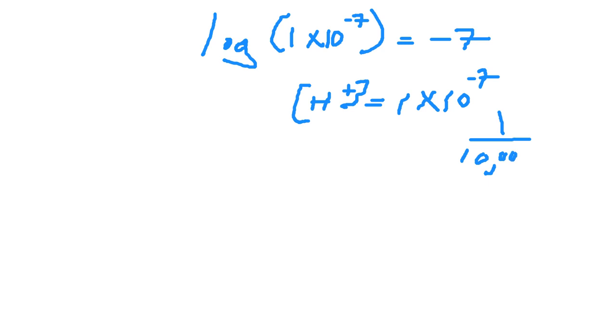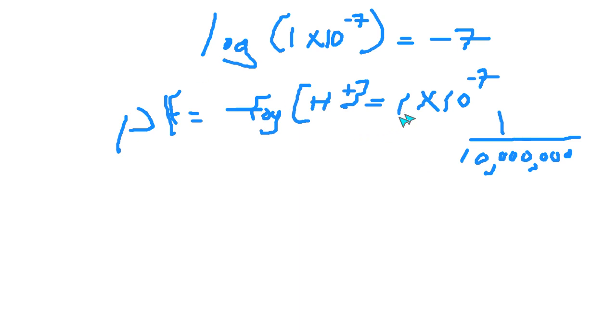It's very critical. And that is because, remember, pH is equal to minus the log of the concentration of the hydrogen ion. So if the hydrogen ion's concentration in water is 1 times 10 to the minus 7, what is the pH of water?